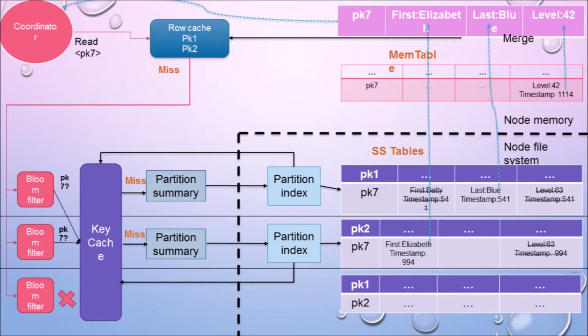So what the guys in Cassandra found out is that if you have the row cache enabled, sometimes you have data that is cached twice, by the operating system and also by Cassandra. So that's why they left it optional. You can turn it on or you can turn it off. But I just wanted to show the scenario with the row cache enabled so that you get the entire flow.